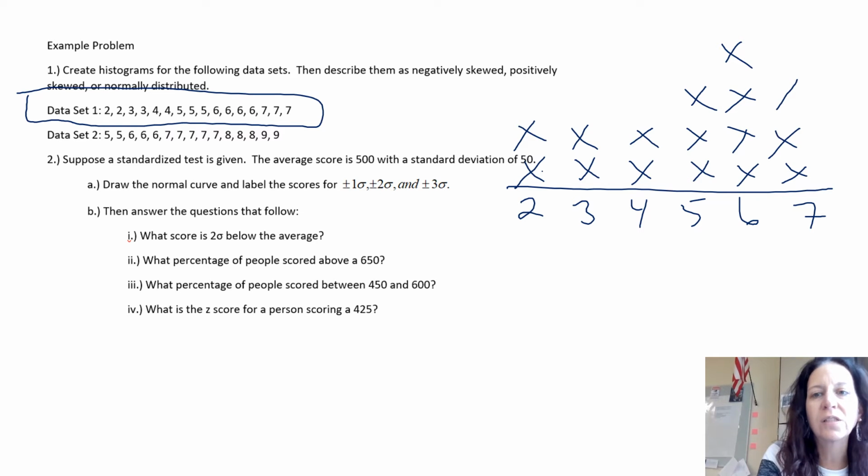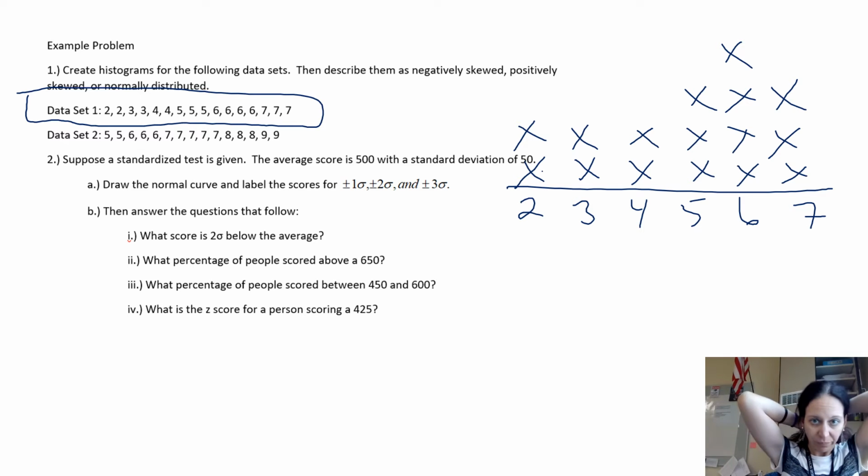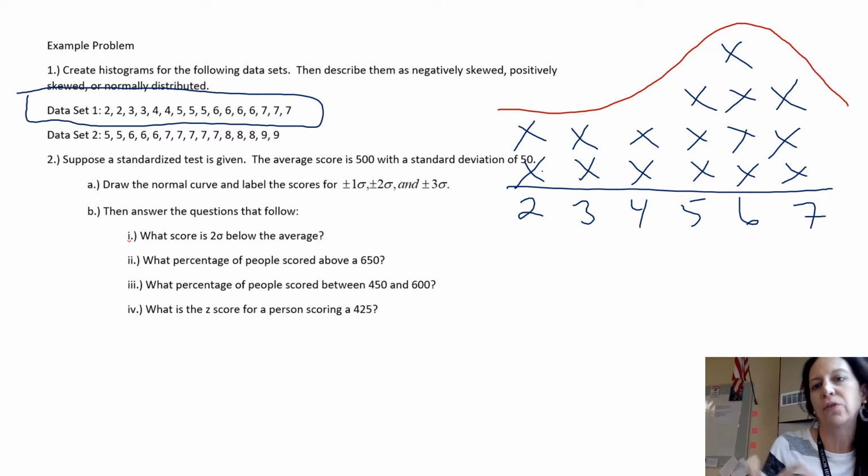And what you want to notice about this is how the data is distributed. It's not evenly distributed, it's not symmetrically distributed. When you draw a little curve over it, the curve looks like that. That's what we mean when we talk about the skew or the distribution of the data.